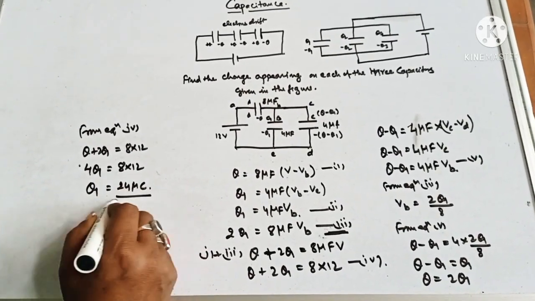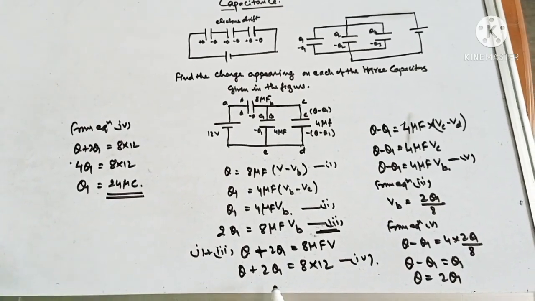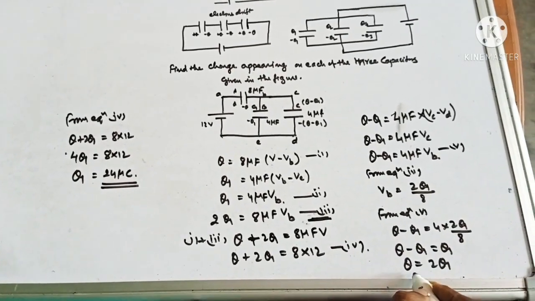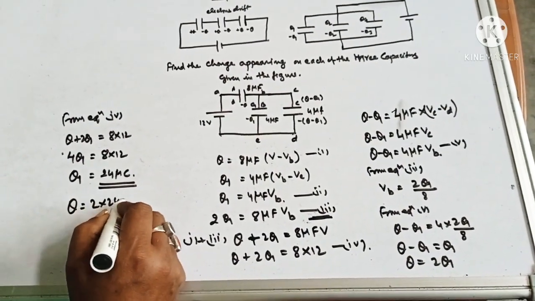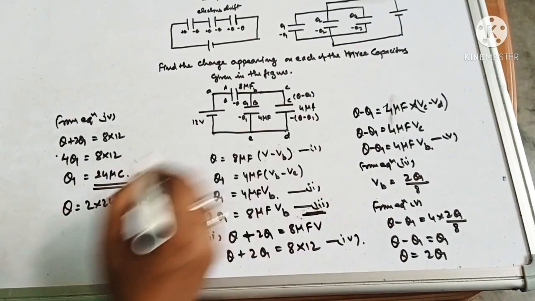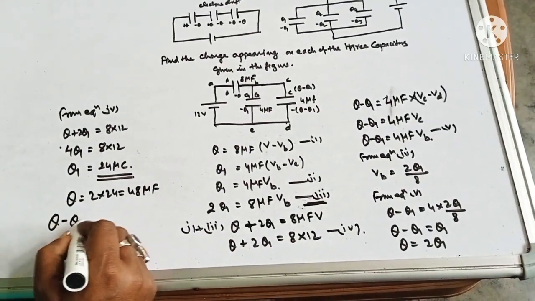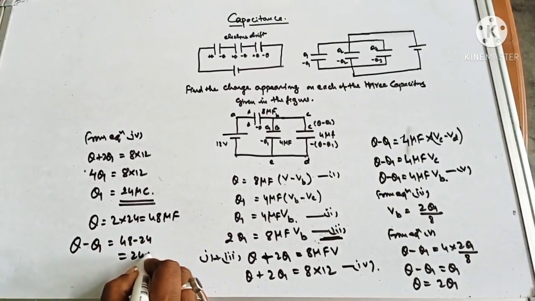And now I have got a relation: Q will be equal to 2 into 24, that is 48 microcoulomb. And now here Q minus Q1, that is 48 minus 24, that is 24 microcoulomb.